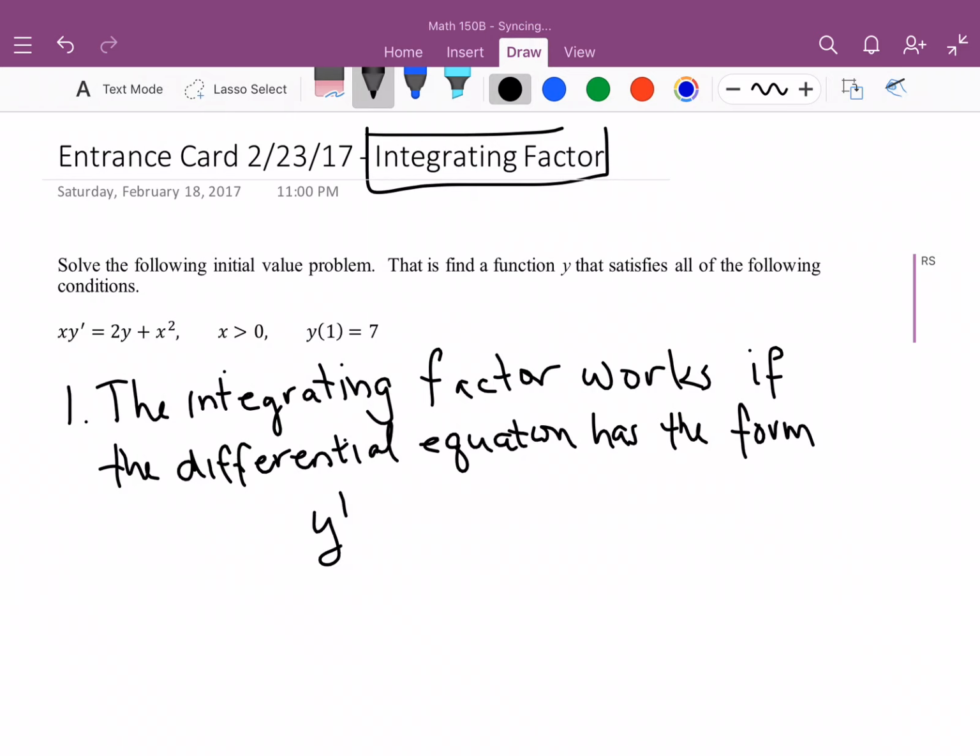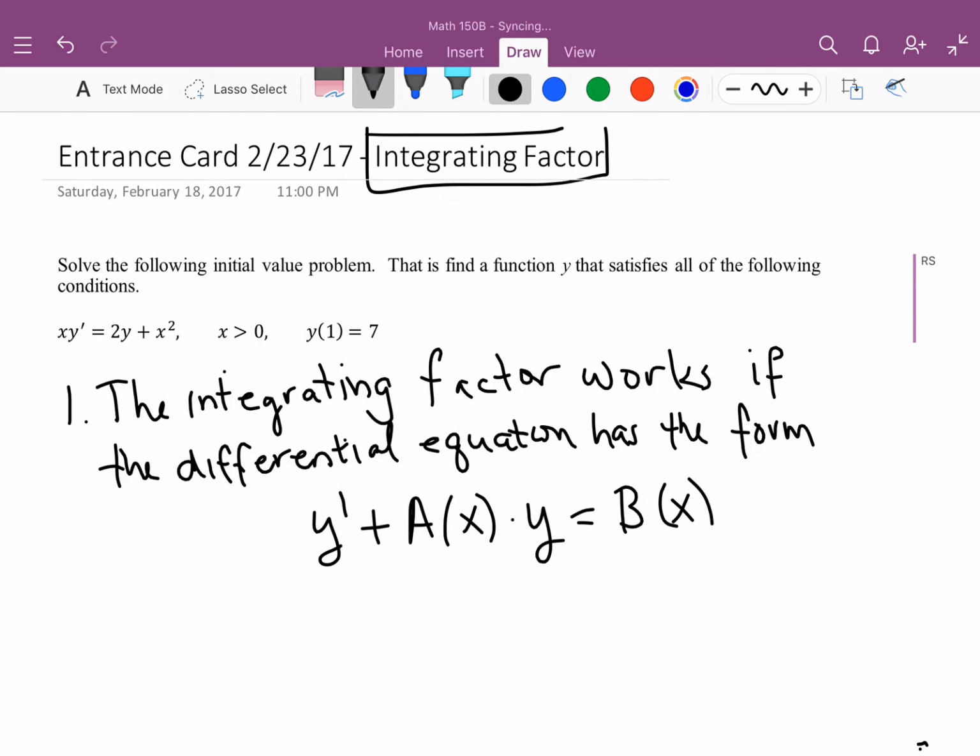It has to be a derivative of a function, and you're adding some other function, but this function is a function of x. Then you'll have this function times y, and then it'll equal a different function, b of x.